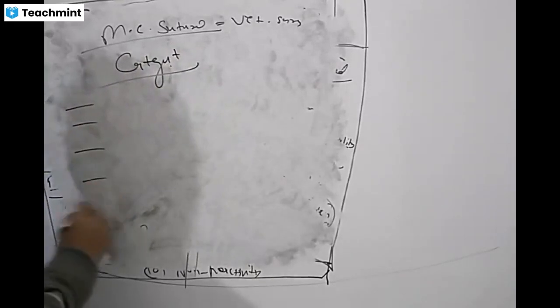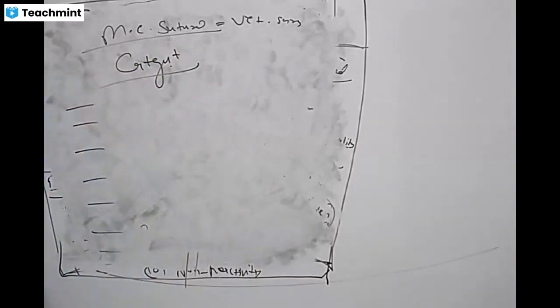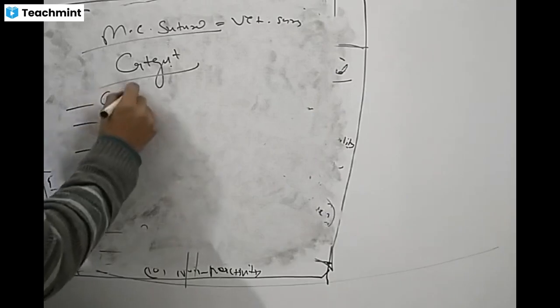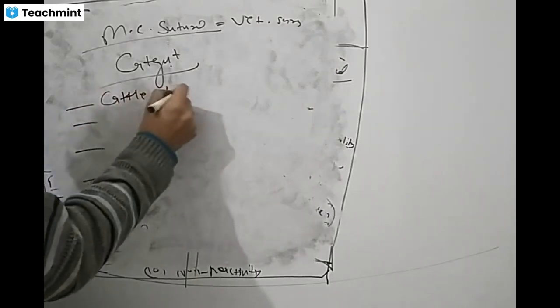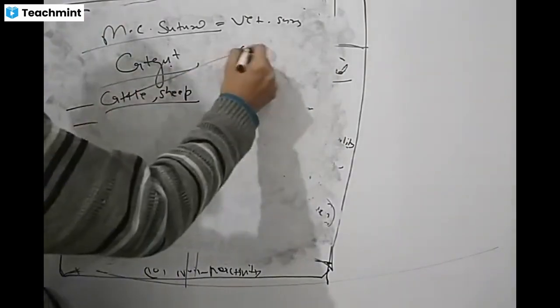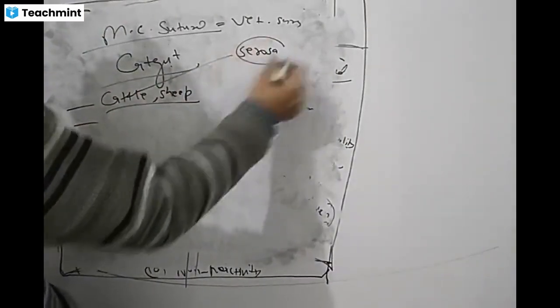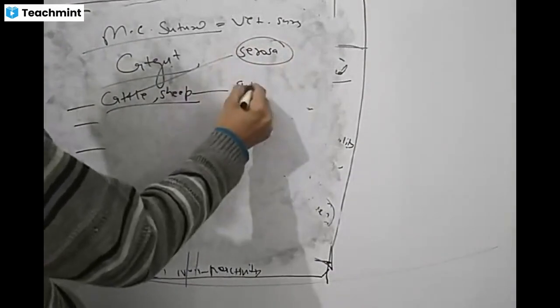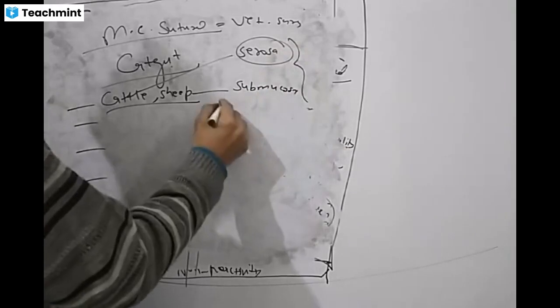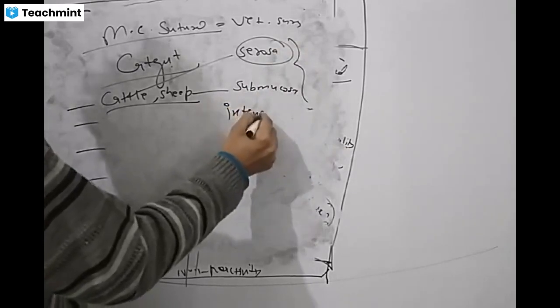There are some important points about the catgut. Catgut is not obtained from the gut of the cat, it is obtained from the gut of the cattle or sheep. Both are ruminants. From cattle, it is obtained from the serosa, and from sheep, it is obtained from the submucosa. These both are parts of the intestine.